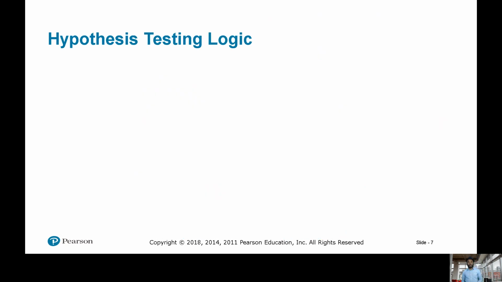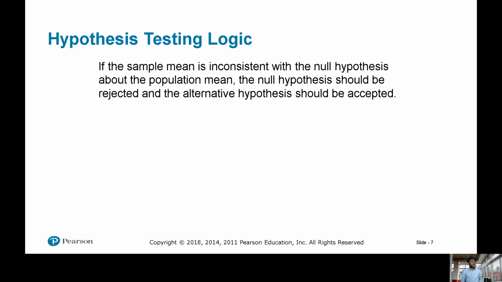All right, so hypothesis testing logic. If the sample mean is inconsistent with the null hypothesis about the population, the null hypothesis should be rejected and the alternative hypothesis should be accepted. We're going to have a distribution like this, and we have the rejection regions and the fail to reject region.